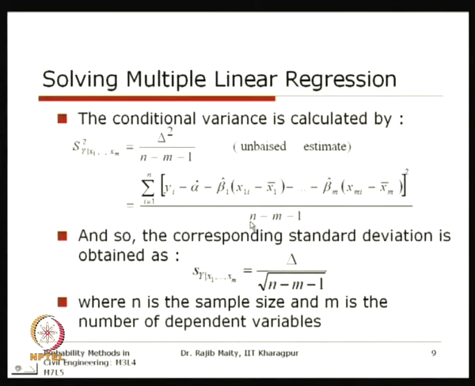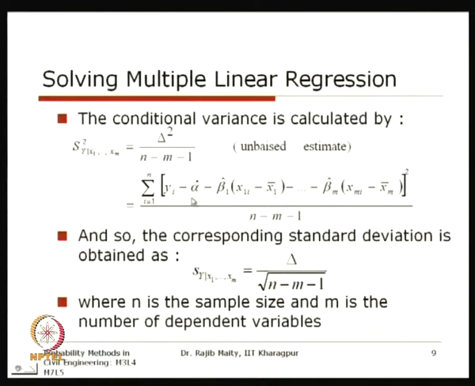So, this is an unbiased estimate, and we have already discussed earlier that for an unbiased estimate, the number of degrees of freedom lost should be reduced. So, here you see n minus m. There are m estimates for x 1 bar, x 2 bar up to x m bar, so m degrees of freedom are lost here.